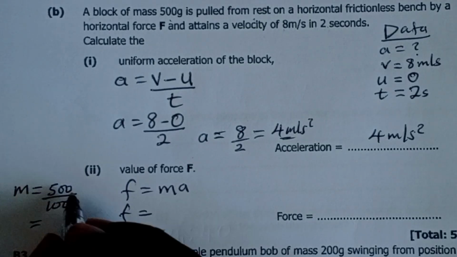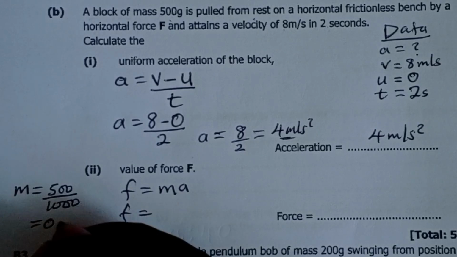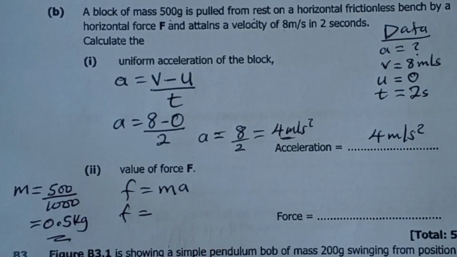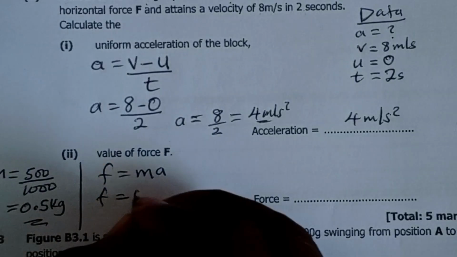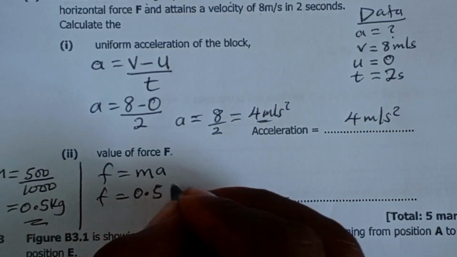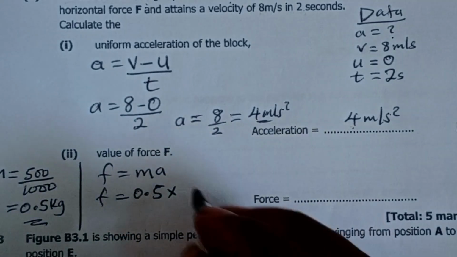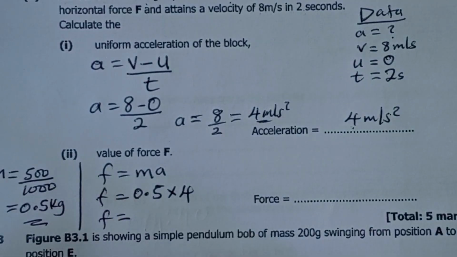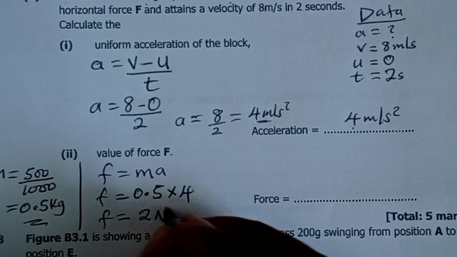We are changing from grams to kilograms. So we are going to have 0.5 kg. So that is the mass. So mass is 0.5 kg times acceleration, which is 4. So force is equal to 0.5 times 4. The answer is 2, so 2 newtons.